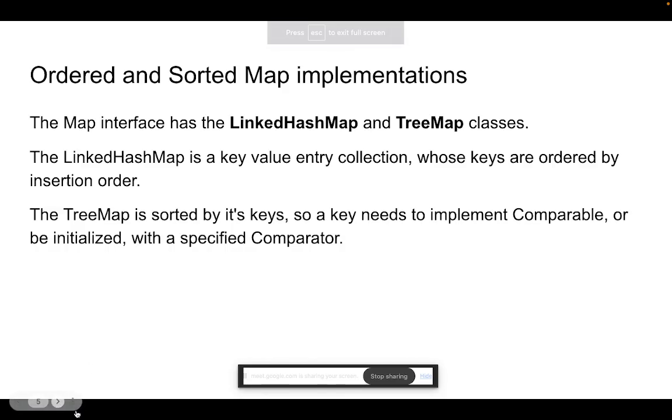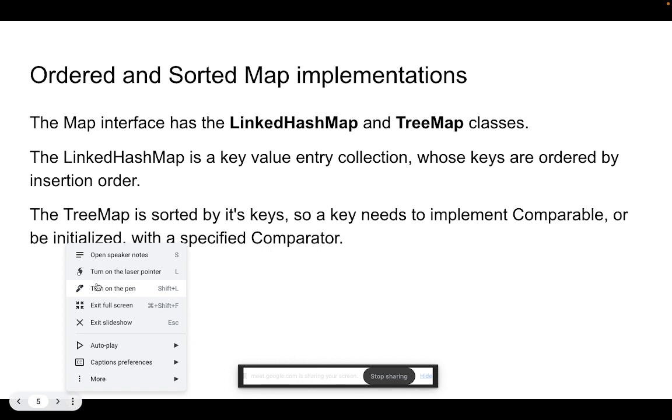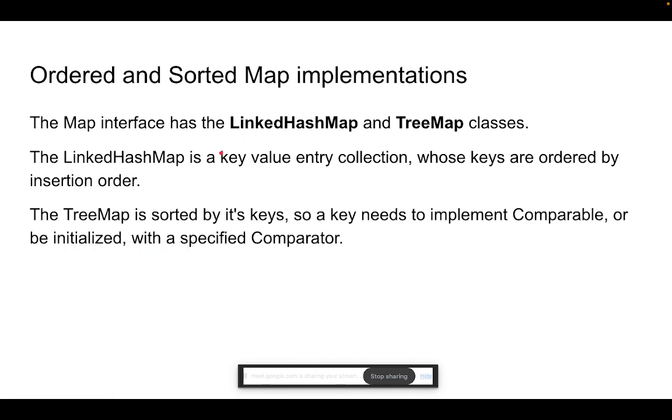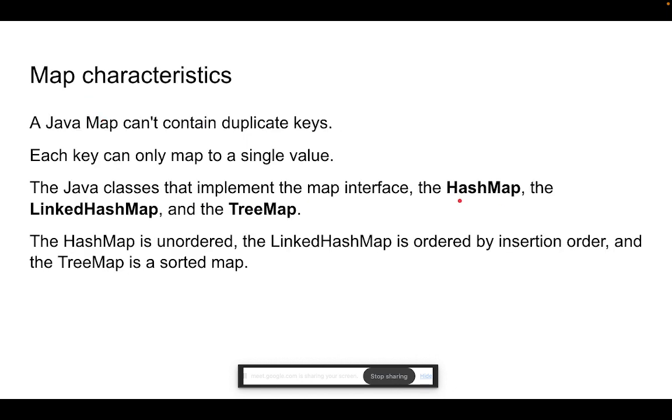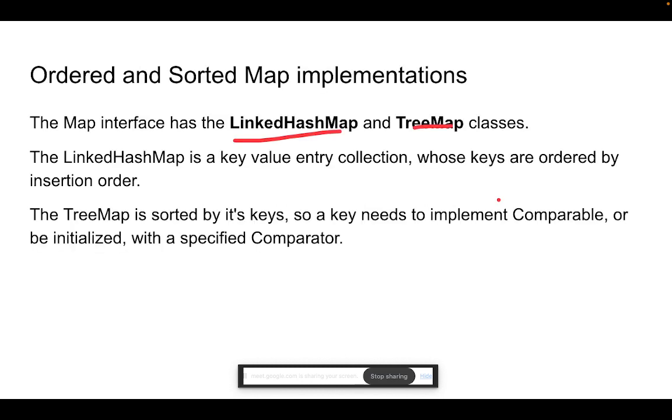So the map interface has two more things, linked hash map and tree map. So they are specifically ordered. The hash map, by default, is an unordered thing. The way you order doesn't mean that it will store in that way. It can store in any other way.